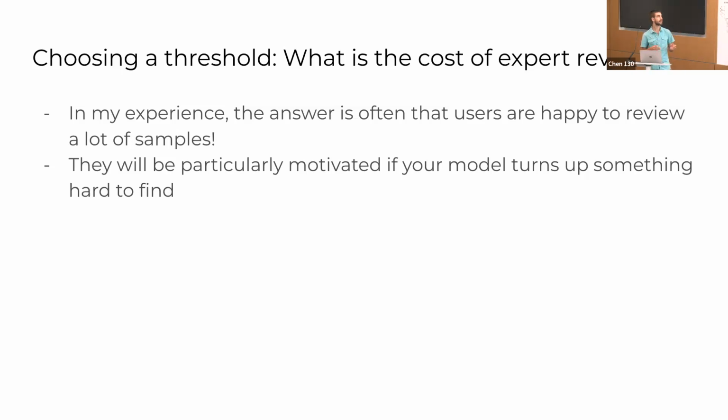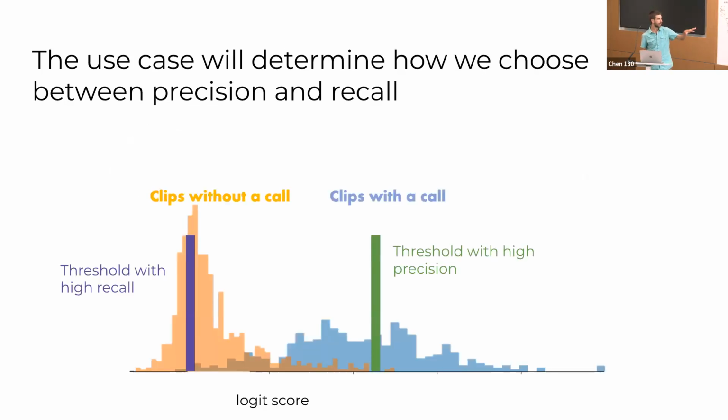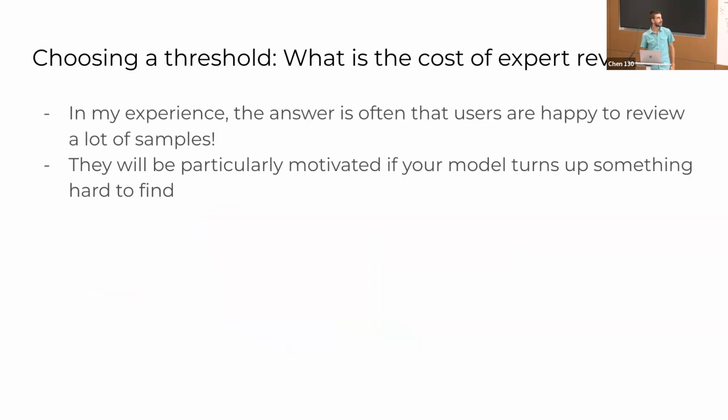And sometimes that happens. But the other thing that can happen is that your model is okay, right? The model has some overlap. And the best thing to do with a model like that might not be to keep working on the model, but to just commit to the fact that, okay, I'm going to have to review like 10,000 samples. And when you actually compute the amount of time it's going to take to do that, it's much less time than it would take to invest in developing a better model, or even finding better training data and retraining your model sometimes.